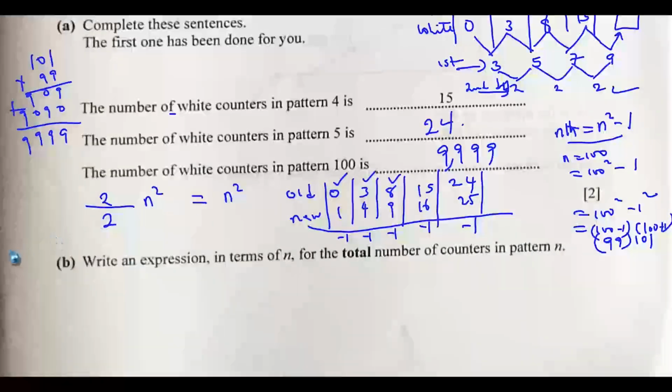Part B: write an expression in terms of n for the total number of counters in pattern n. You can see we've already done that here. That is what I actually did here, so it will just be the nth term.